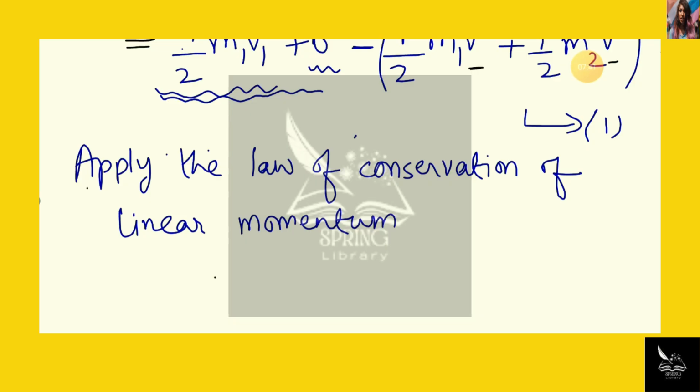So m1 v1 plus 0 is equal to, where the 0 means the linear momentum of the second block before collision is 0 because it is initially at rest, so m2 times 0 is 0. On the right side, the linear momentum after collision is m1 v plus m2 v.